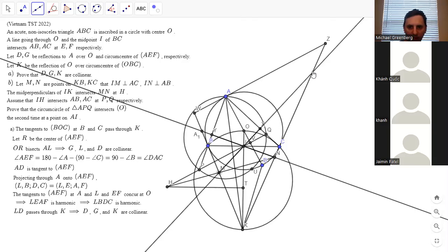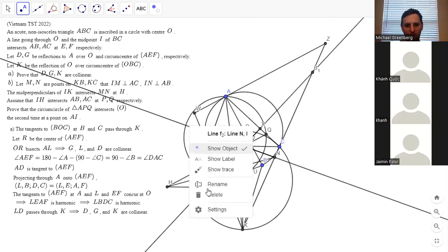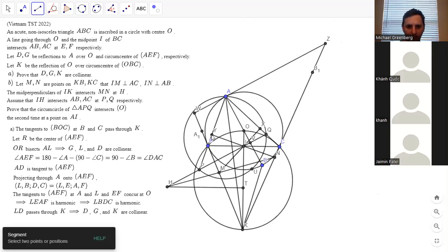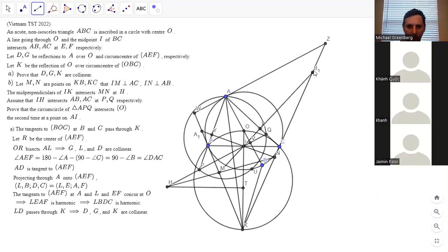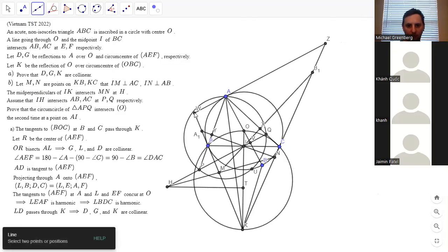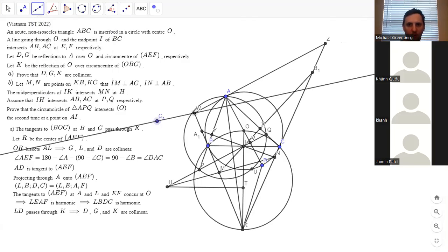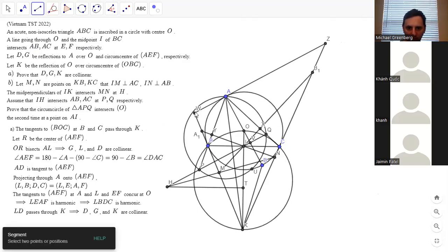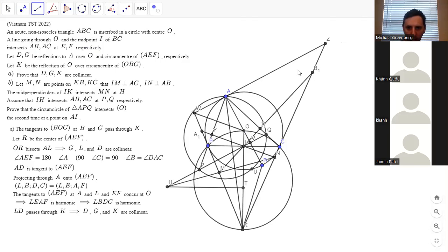So I draw these points so that I can use the fact that, can you connect OW? Just the segment. All right.